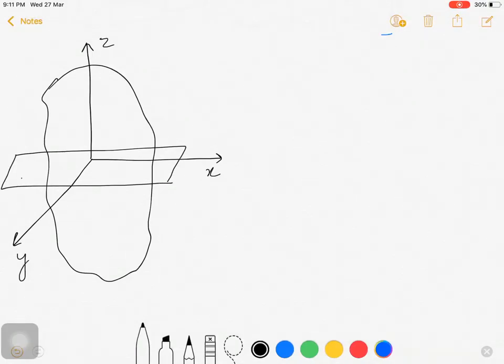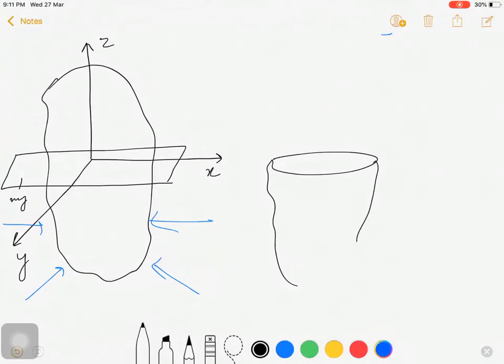Remember, external forces are applied on this body like this. Now we cut the body from the xy plane, so it would be like this. These are the external forces applied.